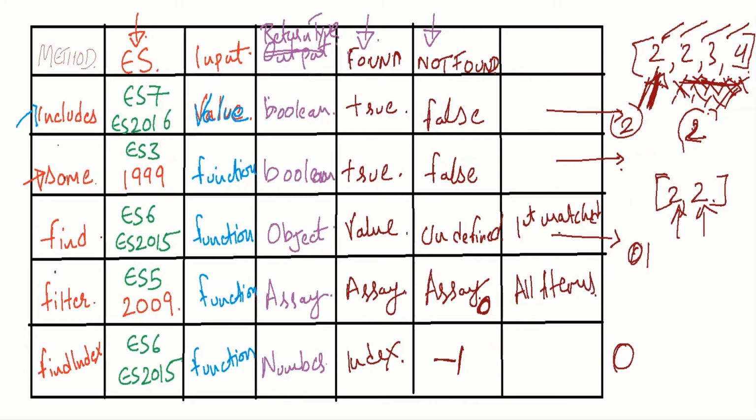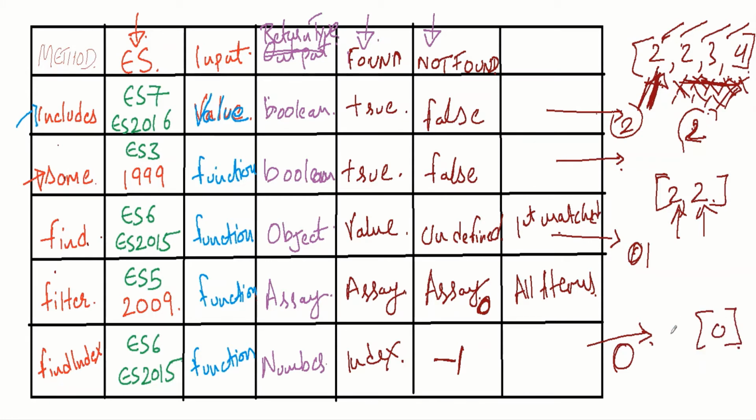And if you're not sure whether you want to get the value or you just want to check, so if you are really troubled between using includes, some, and find, you should go with findIndex, because it will give you the index, and later on, if you need to fetch the actual value from it, you can fetch it by getting the item at that particular index.